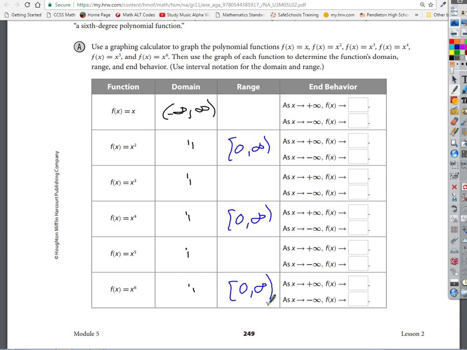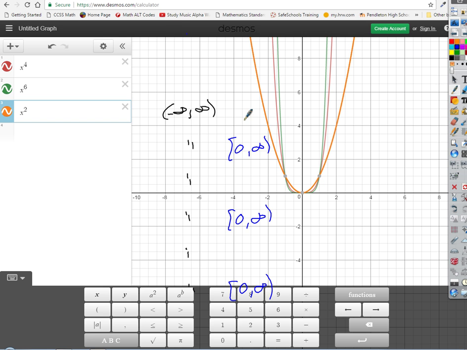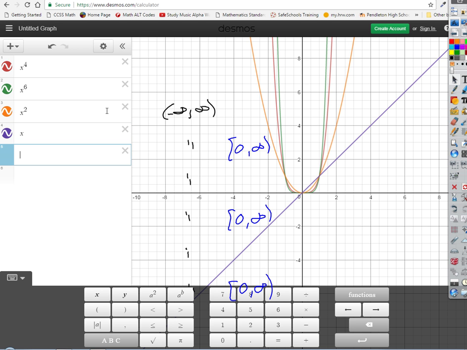If we look at the odd functions, like x or x cubed, those are all functions that are going to plunge down to negative infinity also, right? Okay, so those are going to be all real numbers.